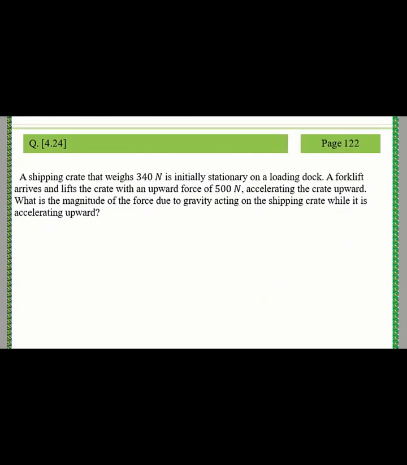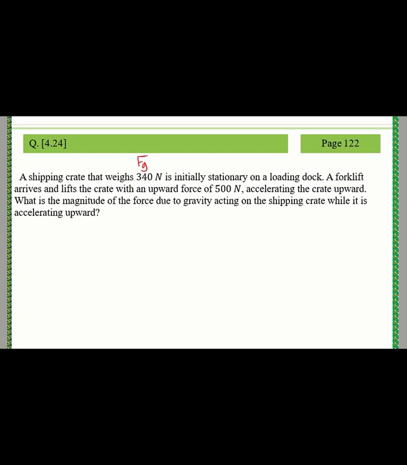Now 4.4, a shipping crate that weighs 340 newtons. This is Fg. It is initially stationary on a loading dock.